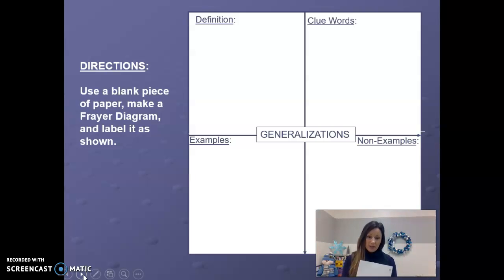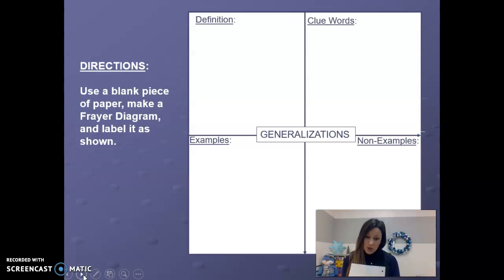You are going to label it where you're going to put generalizations in the center because that's what we're going to be working with. Definition in the top left corner, clue words in the top right corner, and then of course at the bottom we're going to have a spot for examples and another one for non-examples.